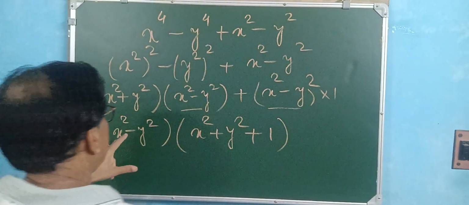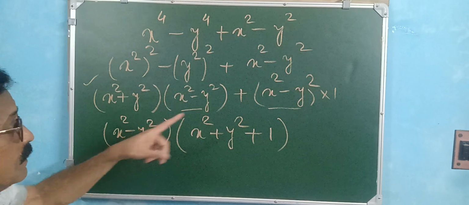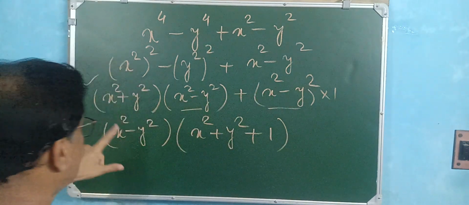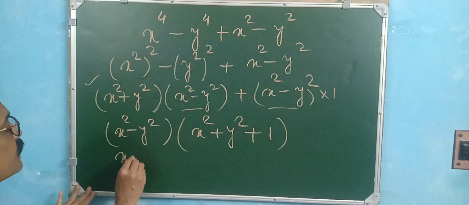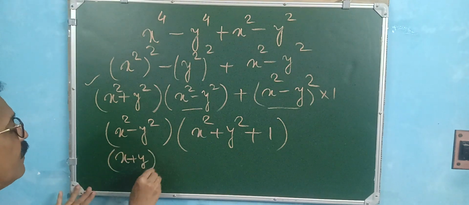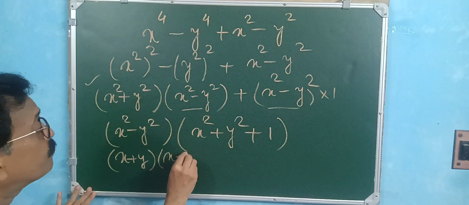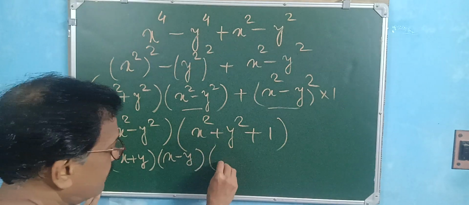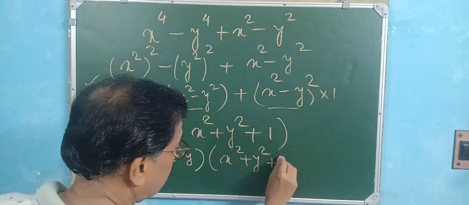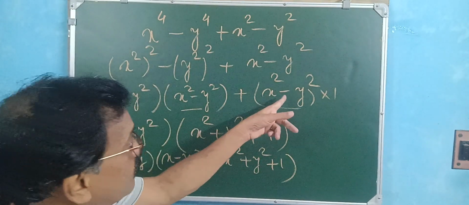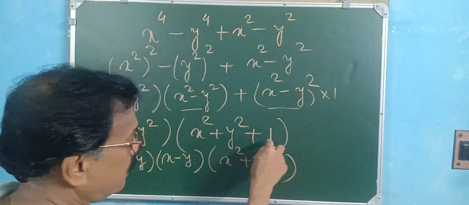Clear? And now further, this is the common factor, so you break it down further, because x square minus y square has the ultimate answer x plus y, x minus y, and this is x square plus y square plus 1. Very important: if the whole term is coming out as common, then 1 is left here.